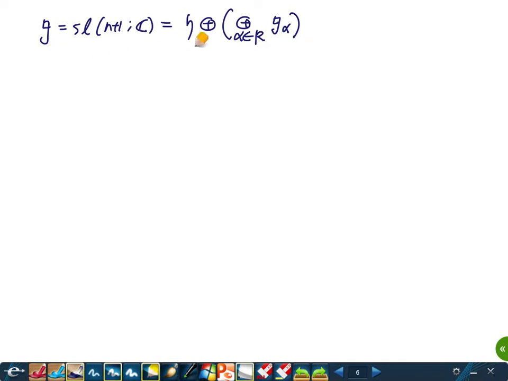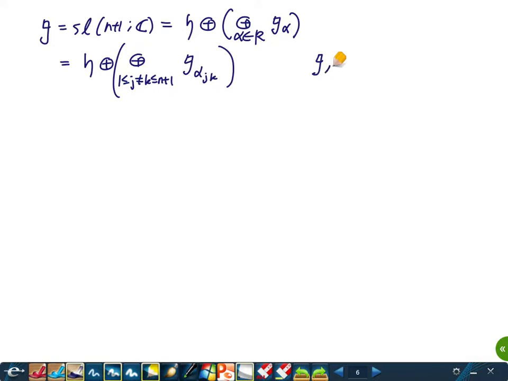We know that g decomposes into h, which is the space of diagonal matrices, plus the sum over all pairs j different from k from 1 to n+1 of g_alpha_jk. Why?